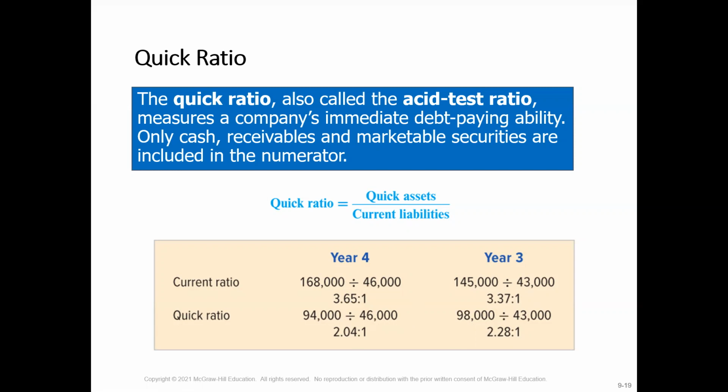Would we need to maybe step up our collection efforts? Do we need to do something with our credit terms, make those a little bit shorter, offer discounts in order to carry less accounts receivable on the books? So those are all things that management would decide, but one thing that might make them decide yes or no is, again, quick ratio.